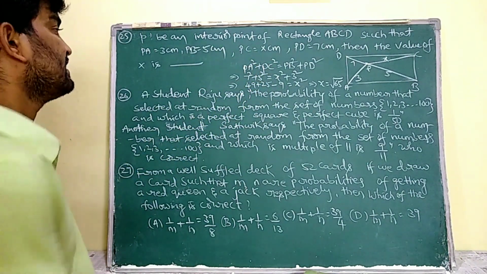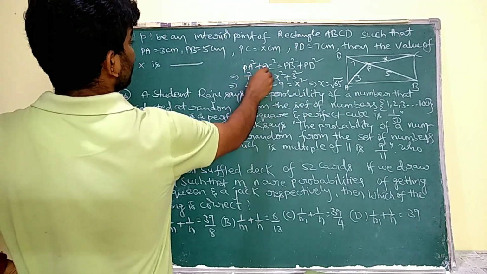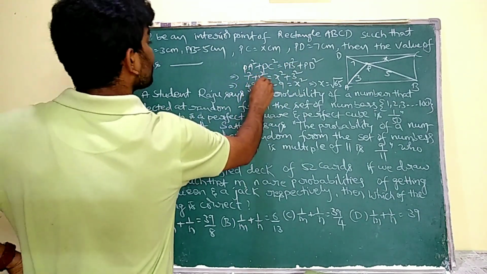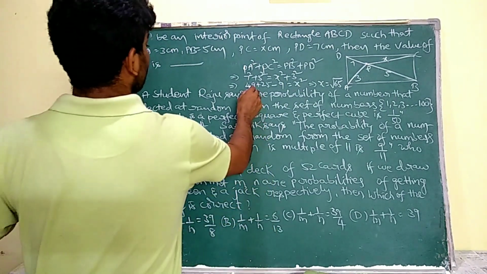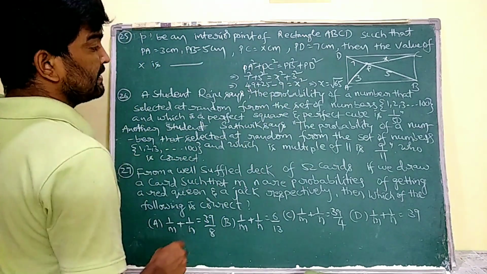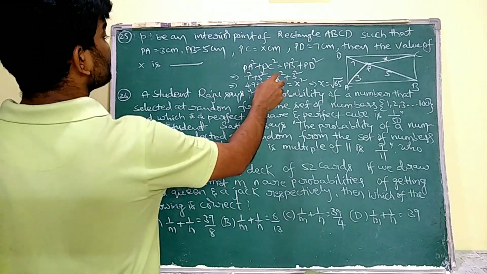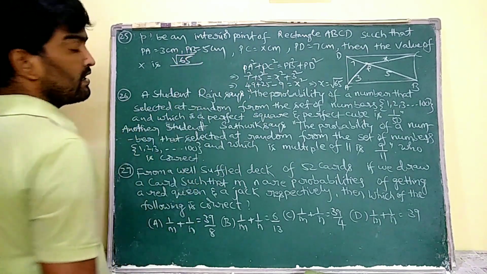By that the values, 7 square plus 5 square is equal to X square plus 3 square. By that 49 plus 25 minus 9 is equal to X square. That is X square is equal to 65, then X is equal to root 65 is our answer.